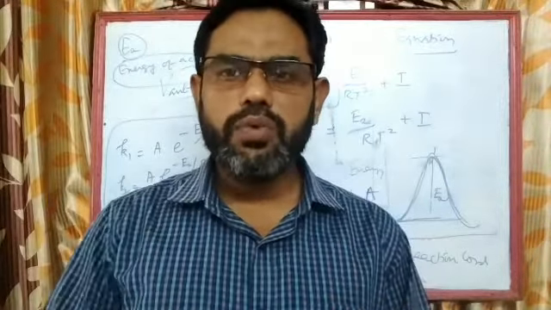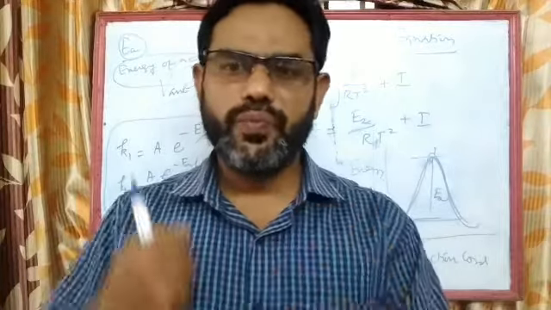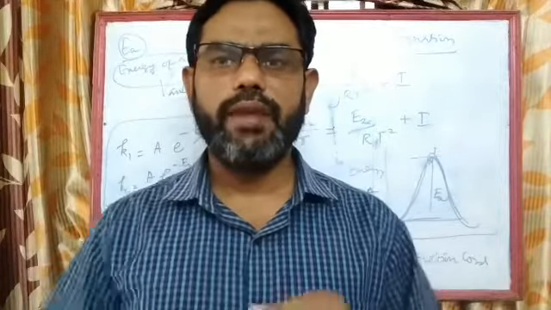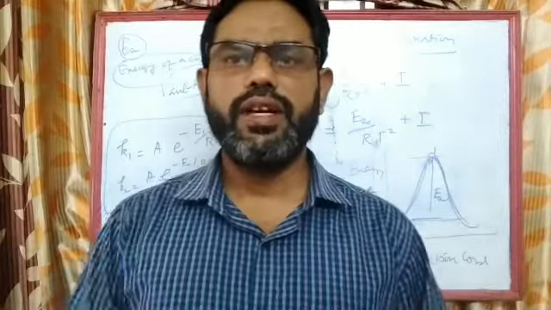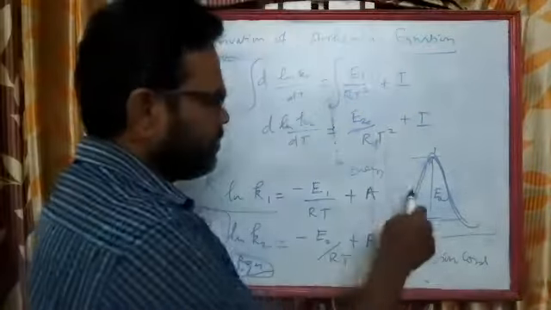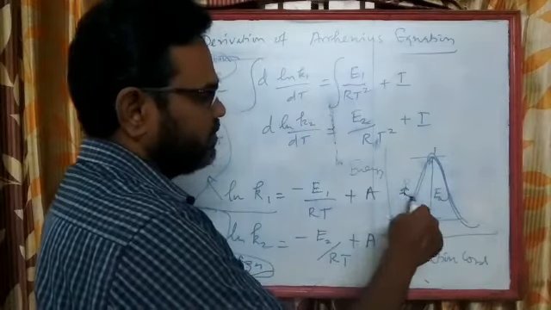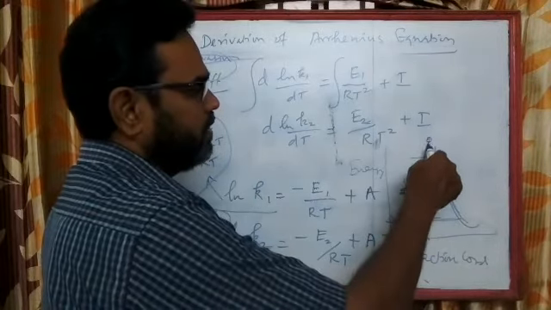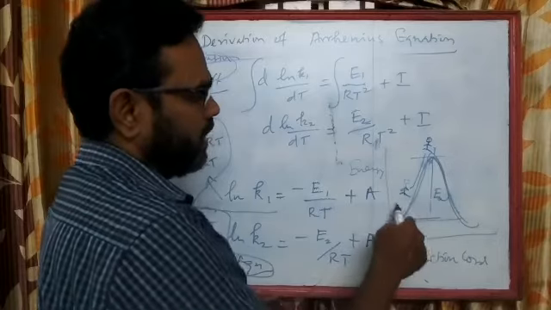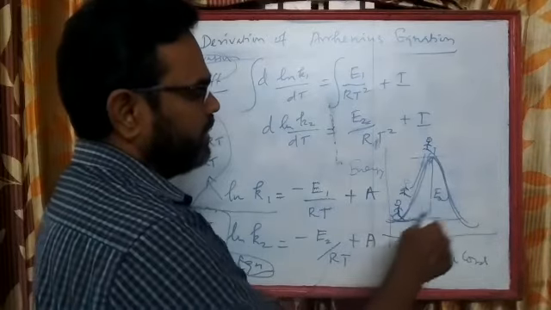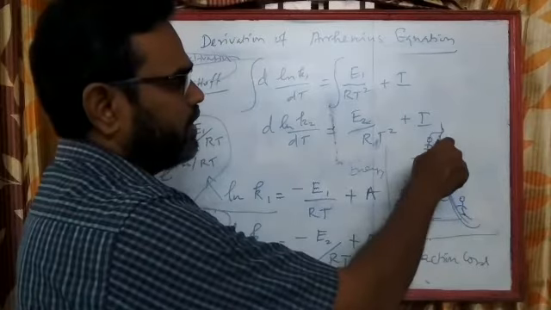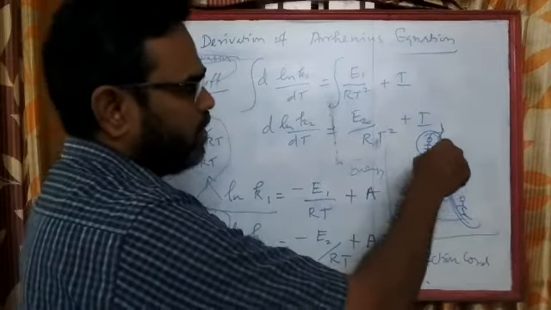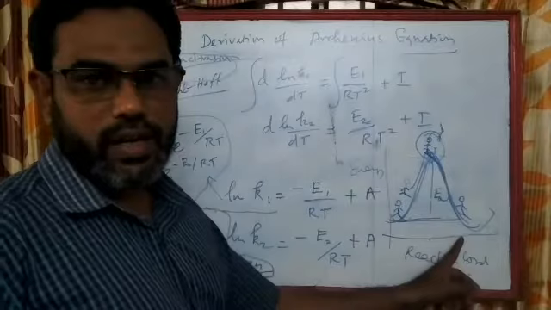Those who do not possess the energy to go to the top of the hill cannot come to the downhill. Only those who can ride to the top of the hill can be converted into product. Those who do not ride cannot be converted into product. So this man who reaches the top can very easily come down to the downhill product.